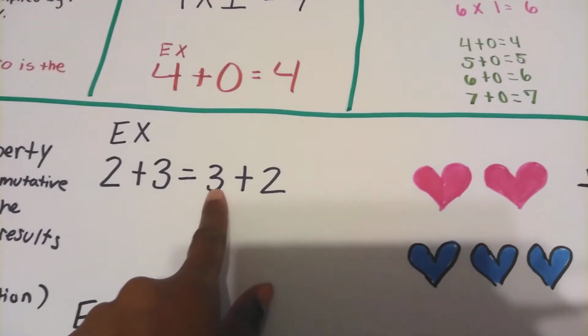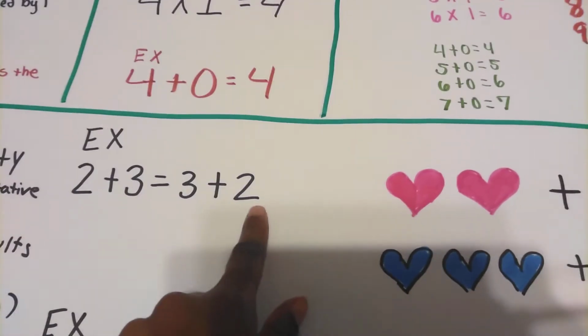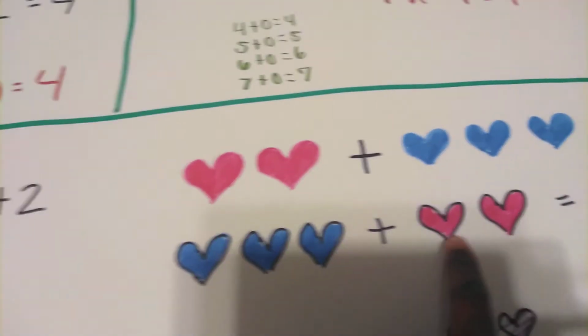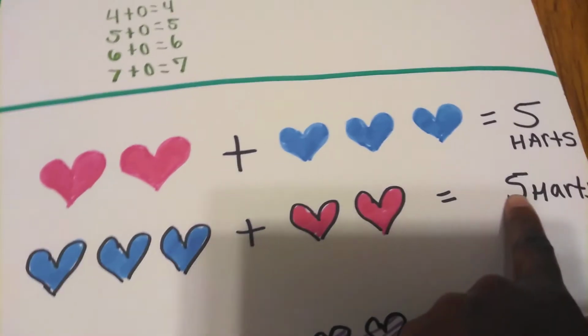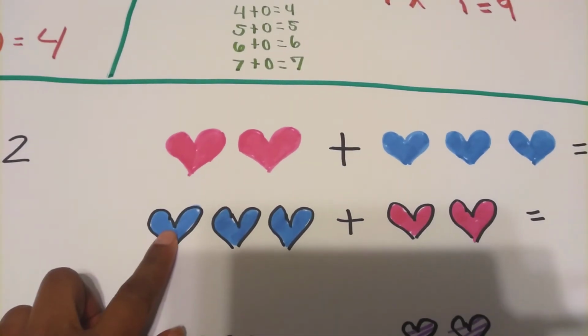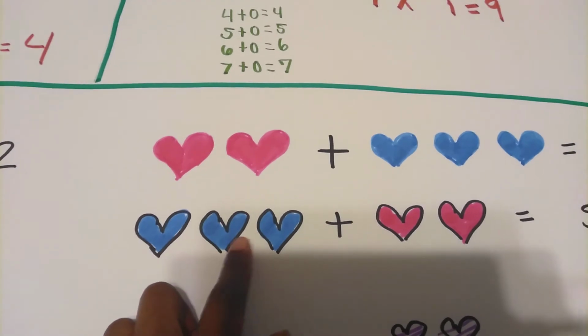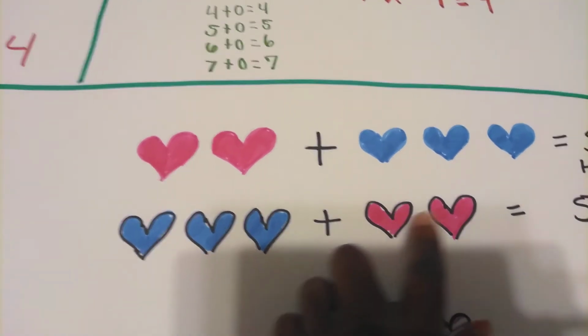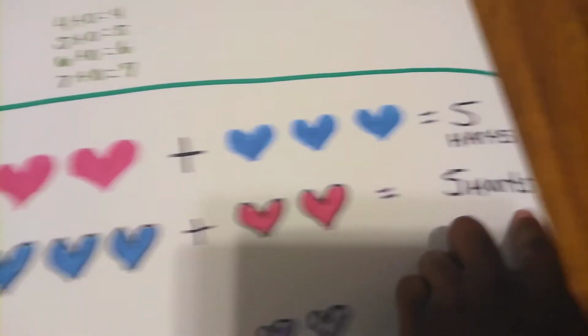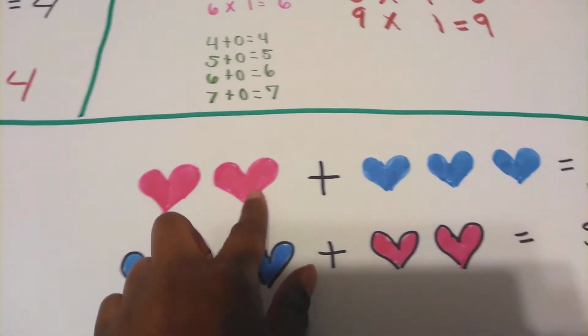Here's the second half: equals 3 plus 2, so 3 hearts plus 2 still equals 5 hearts. Students, you can count that to double check. 1, 2, 3, 4, 5. So that still totals 5.